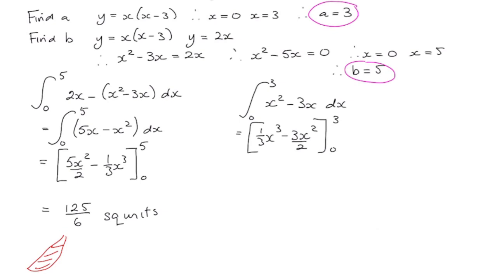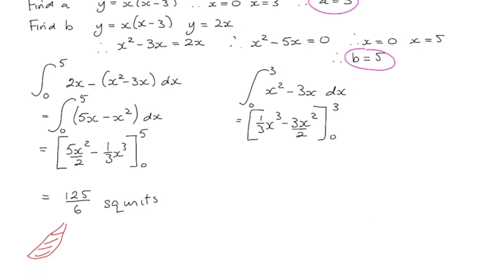In an exam, you must show that step. That is very, very important. But when you do that, you get minus 9 over 2. Now, of course, it's negative because it's below the x-axis. Therefore, this area is 9 over 2.